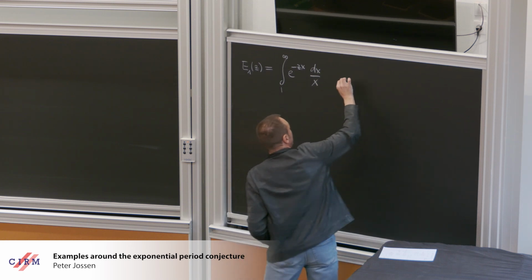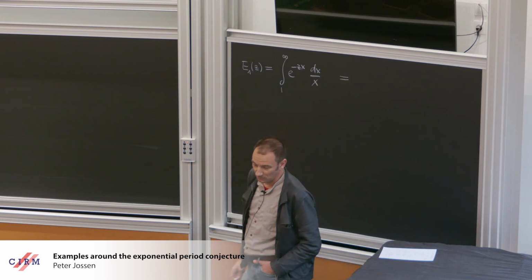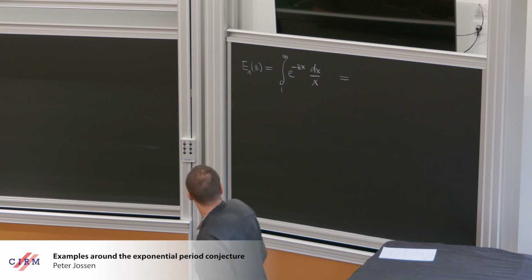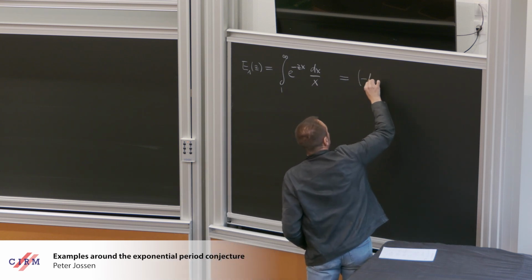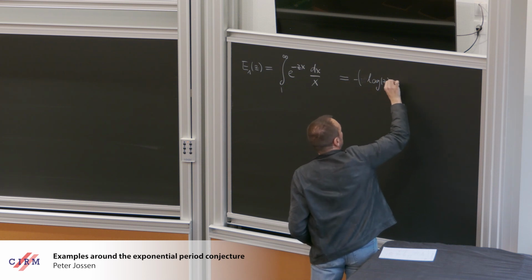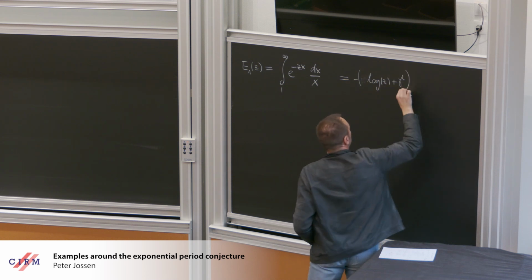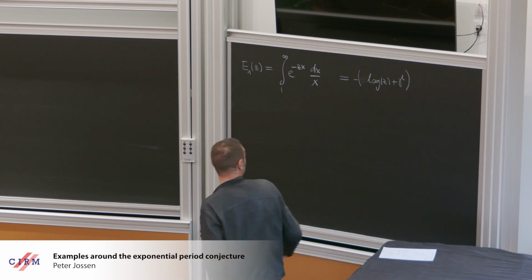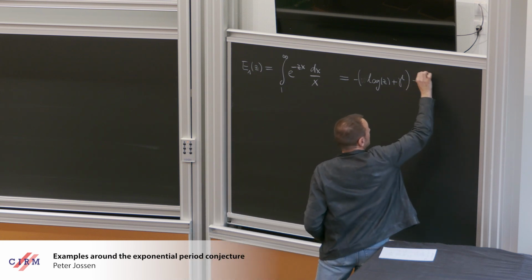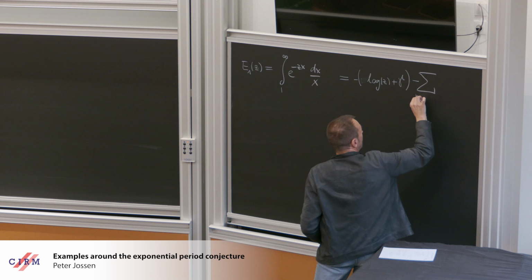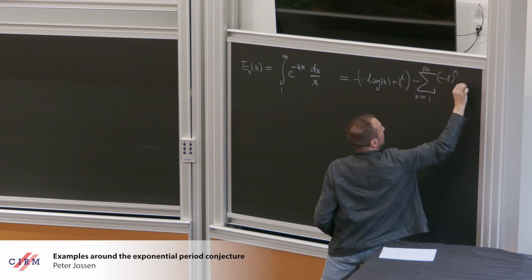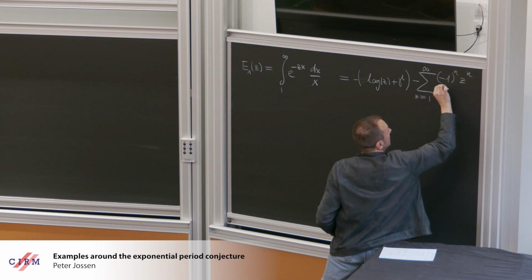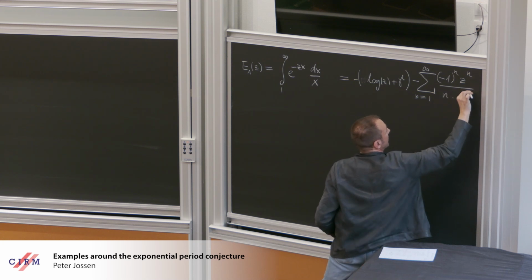We can give it a maybe better recognizable expression. So this is minus log z plus the Euler constant gamma minus a power series, n goes from 1 to infinity, minus 1 to the n, z to the power n, over n times n factorial.